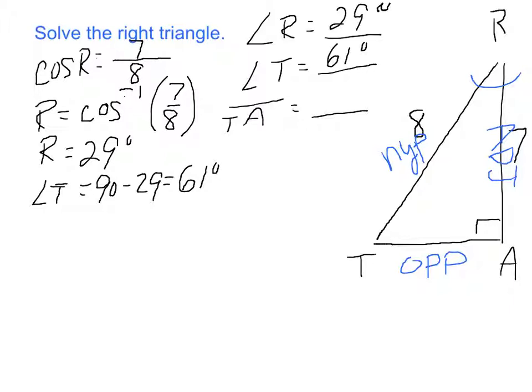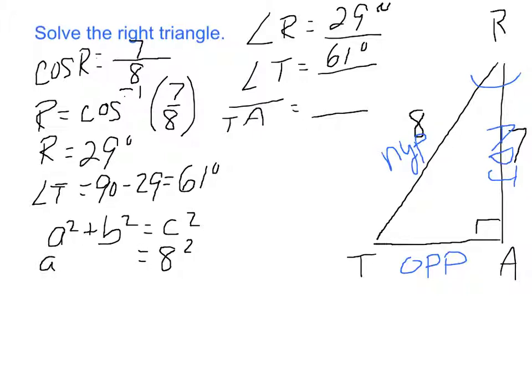But in this case, I'm going to use the Pythagorean theorem. Now Pythagorean theorem is a squared plus b squared equals c squared, where a and b are the legs and c is the hypotenuse. The legs can be interchanged, but 8 is going to have to be put in place of c.